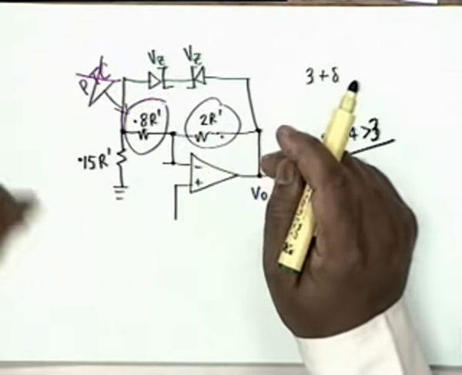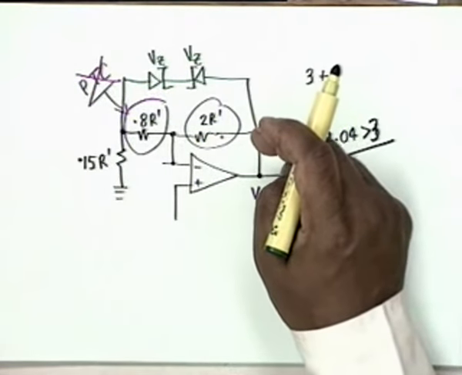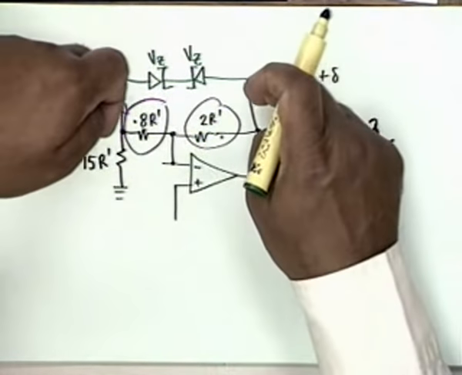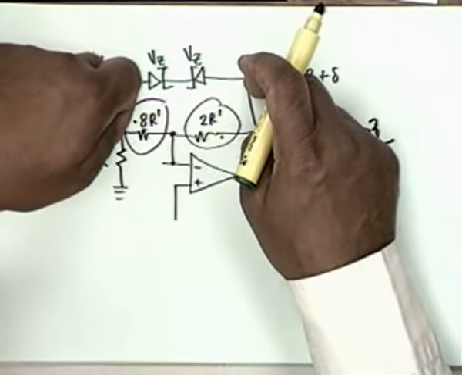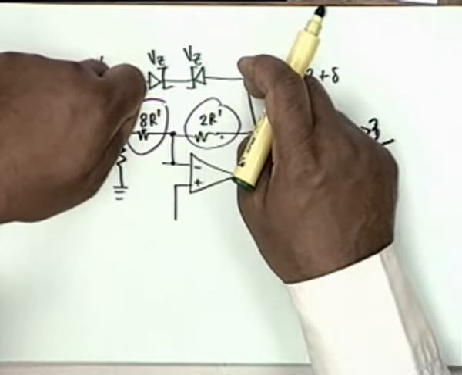And therefore, as soon as the amplitude of oscillations exceeds Vz by a small amount, VBE on, the Zener stabilizes the amplitude. It does not allow it to go beyond that, alright.